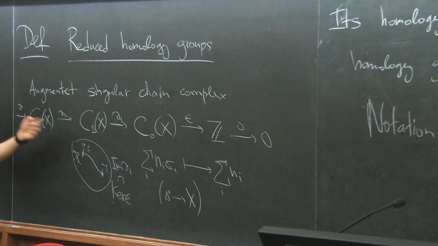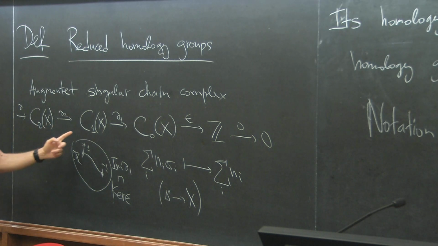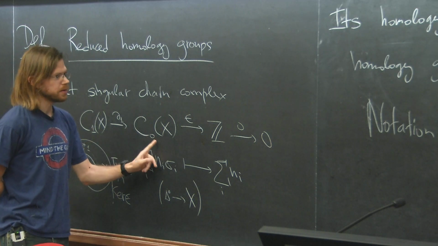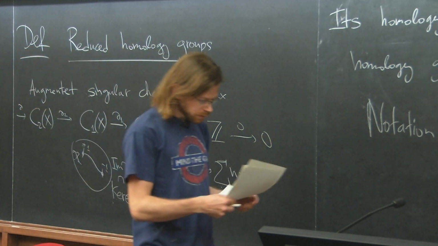If you look at this modified singular chain complex, nothing is modified for indices greater or equal than 1. So the only modification happens here.